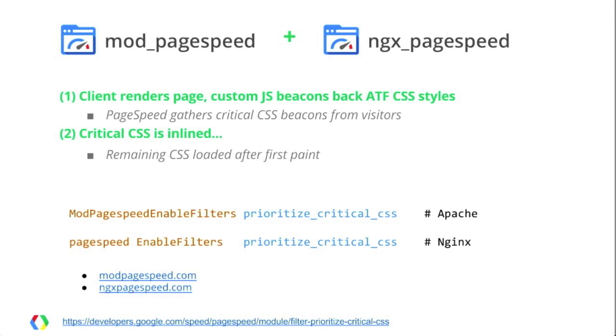We rewrite it, concatenate files, optimize images, and do all this on the fly and then serve it to the client. For example, for prioritizing critical CSS, inlining that top stuff, we have it automated down to a filter. You go into your config file and say prioritize critical CSS, and it'll do all that work on the fly. Now, you can do this work on your own, right?